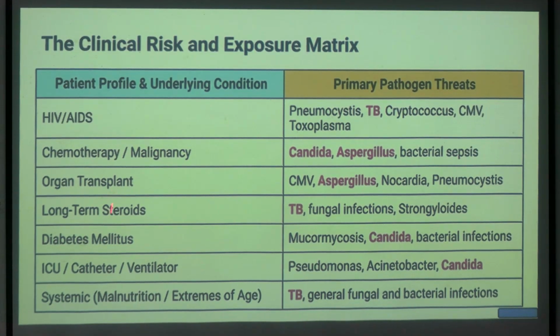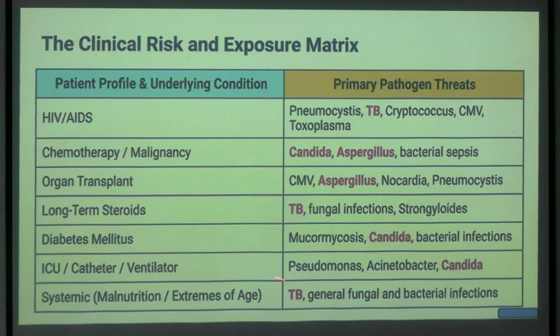We can say it is more related to hospital acquired infections, but because of the damage of the physical barrier, these patients might also get hospital acquired infections, mostly bacterial, mainly Pseudomonas, Acinetobacter and Candida, and any systemic infection in patients with cachexia, malnutrition, or extreme age.